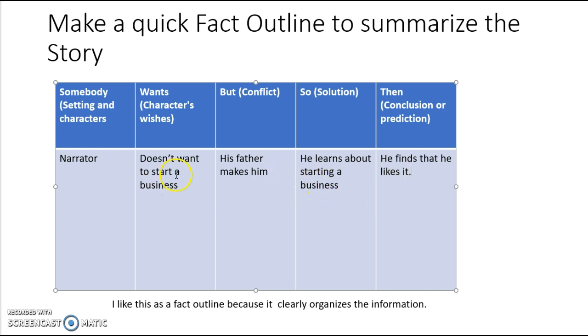If you do something like this, you'll notice I didn't even write a complete sentence for most of these, but it organizes the information so I know I've understood what the story was about.